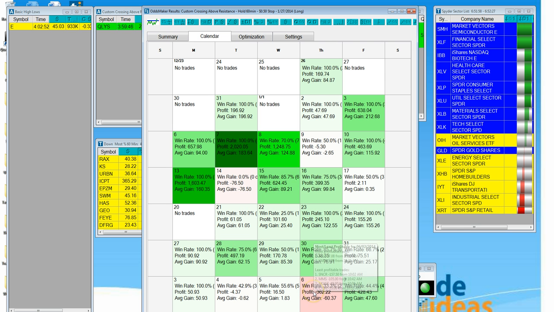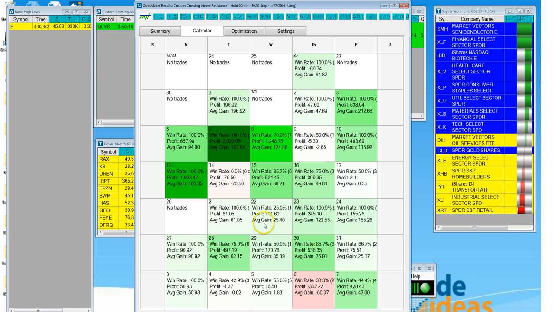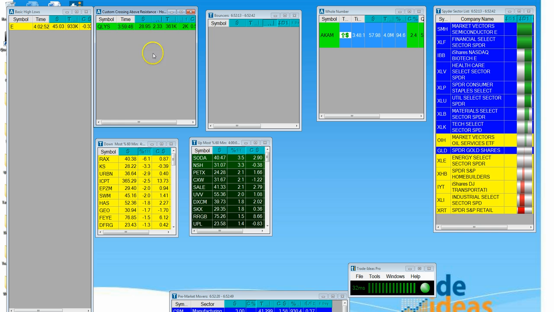If it's red, that means that particular day lost. It's a great at-a-glance way to tell how the strategy is working. And again, you can take a look at this and say, wow, at the beginning this was really working well, and then maybe starting to tail off a bit, but now maybe it's picking up again.